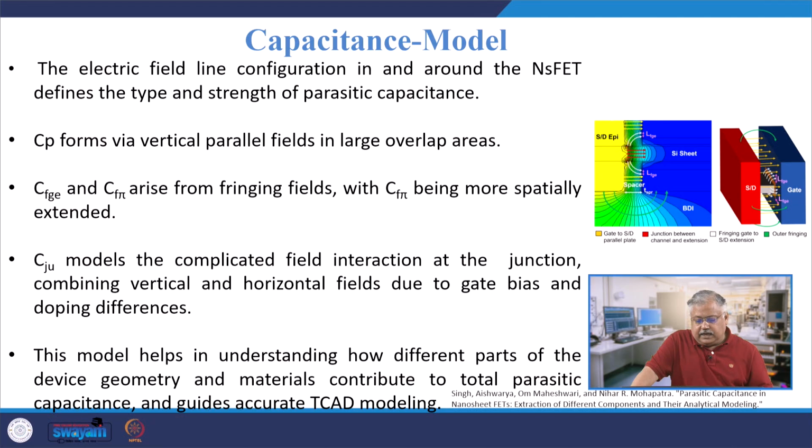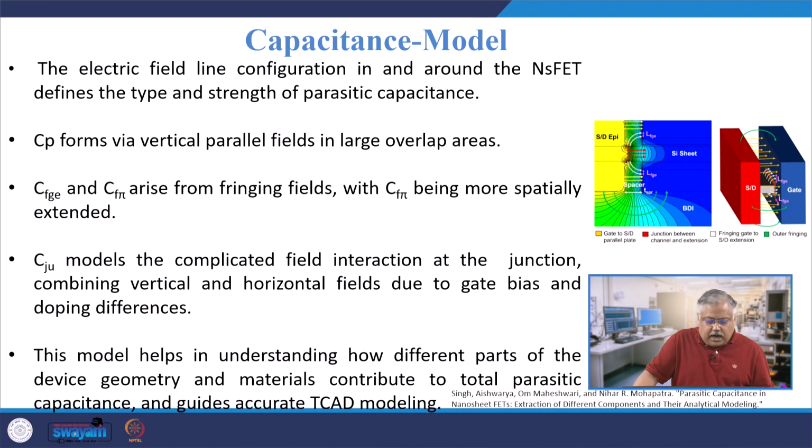So with this idea, let's come to the capacitive model which is with us. What you see on the right hand side is basically the electric field modeling the authors have given of the NSFET nanosheet FET and the types of parasitic capacitance. As I told you, CP will form via the vertical parallel plates, and the more spatial extension there is, the less the value of the capacitance will be.